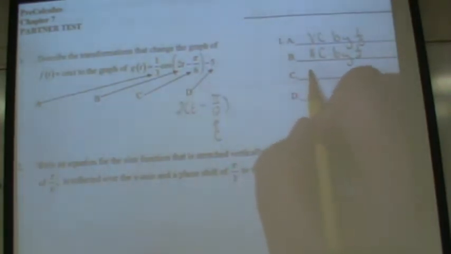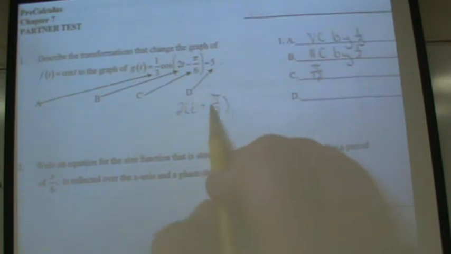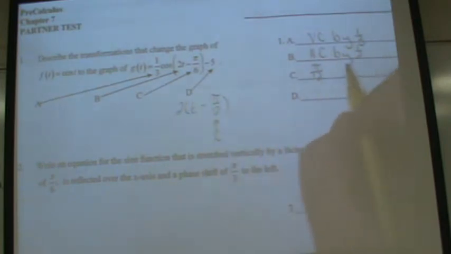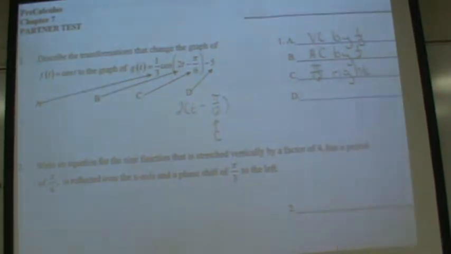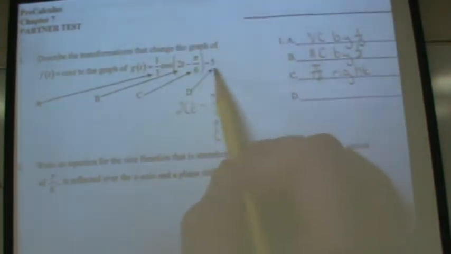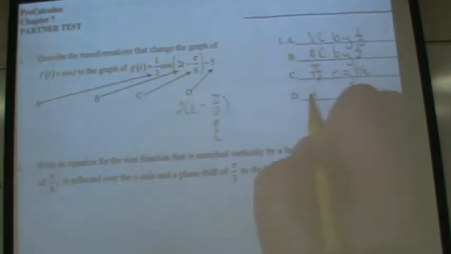So you are shifting pi over 12, and it's a minus, so that means we're going to the right. So we have a phase shift of pi over 12 to the right. And then your D value is this minus 5. So we have a vertical shift down 5.